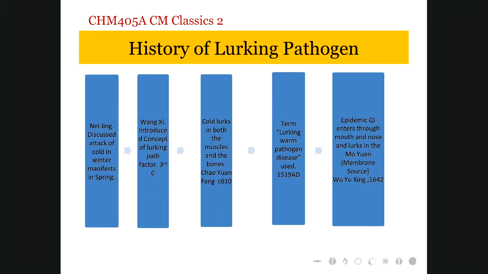And the lurking pathogen concept has been mentioned in some part in the early stage in the Shanghan Zabing Lun, but has not had detailed discussion yet. The detailed discussions only come out in the Wenbing texts, around 1519 AD. They're talking details of lurking pathogens there.